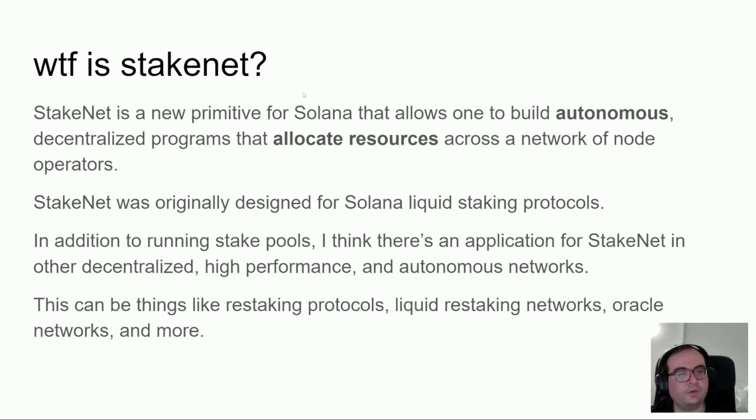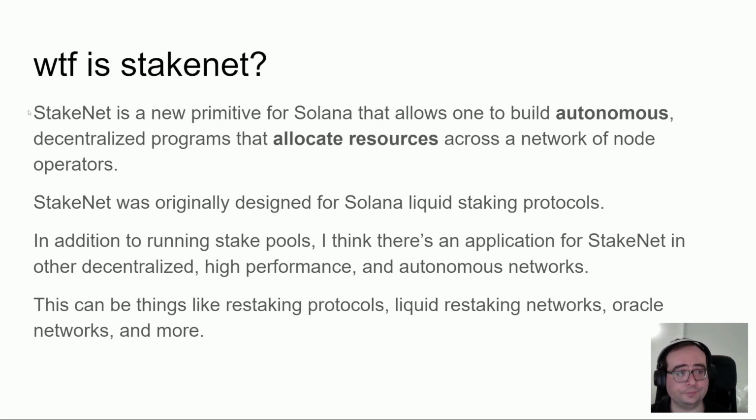That was focused on the first application, which was Stakenet for liquid staking protocols and for JitoSOL. But in this blog post, the idea is to go beyond the initial application and define Stakenet in a more generic way, and also think about potential further applications after liquid staking. So that's why this was very interesting to me.